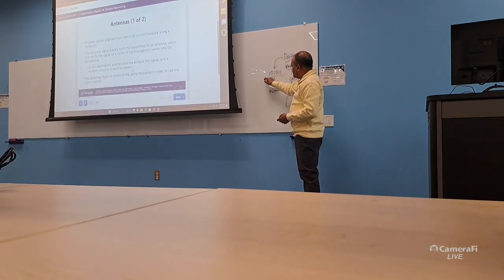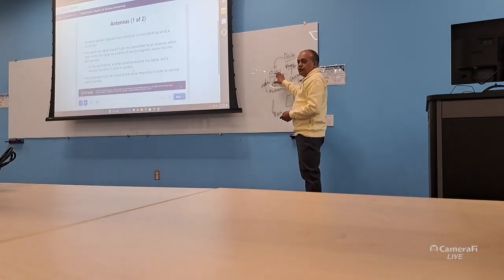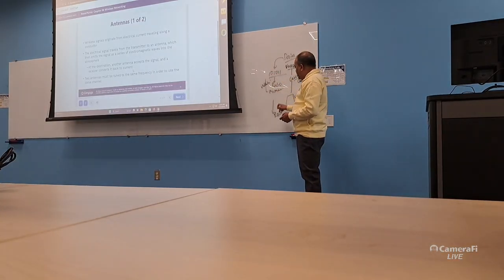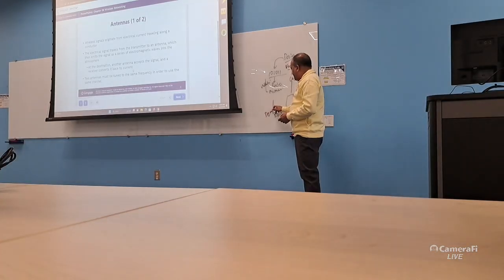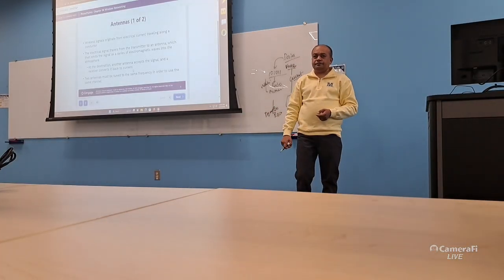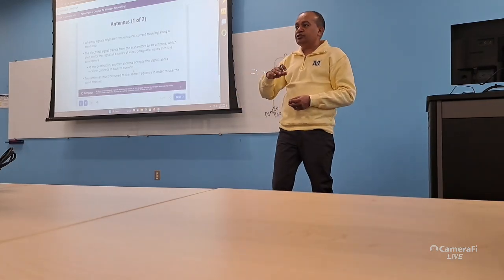This process is called modulation, and when it reaches the receiver end, it extracts the off, on, off code from that radio wave or microwave signal, and this process is called demodulation.